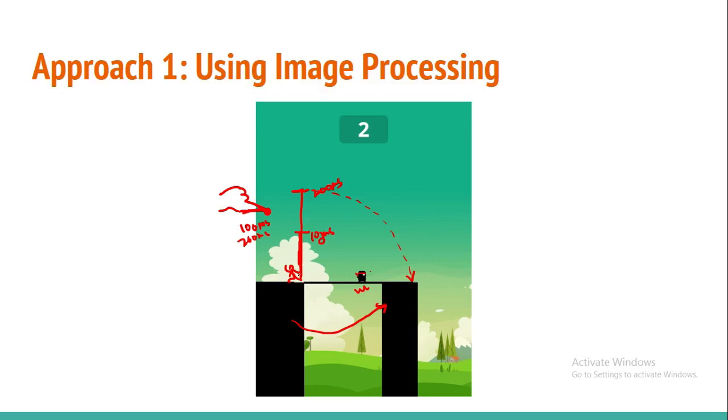So if you press this for too long, you're going to get a very big rod, and it's going to fall somewhere here, and you're going to die. And if you press it for too little time, then your rod is going to only come till here, and you're going to die. So you have to press for the right amount of time, and that is very important. So this is one game that can be solved, and we will look into the code of this specific game at the end of this session.